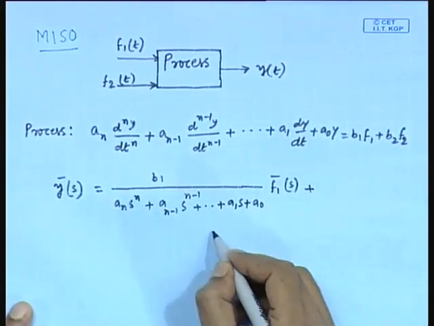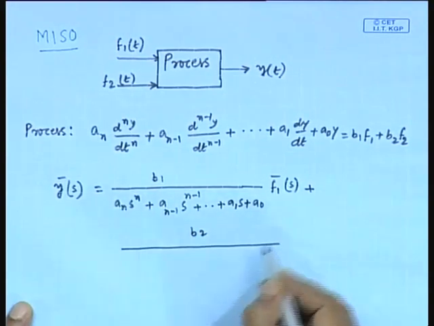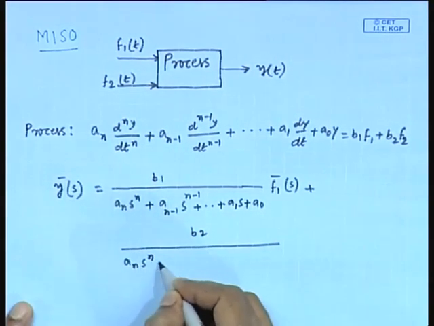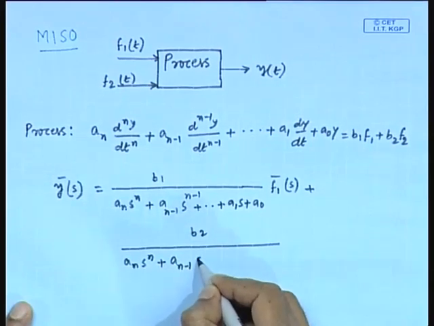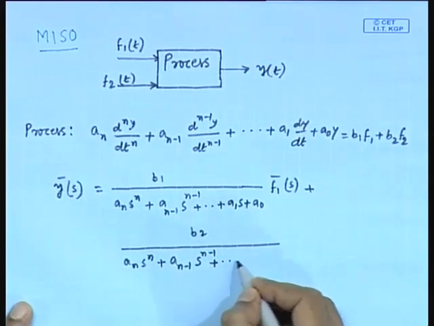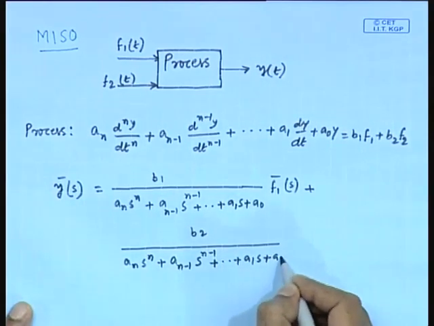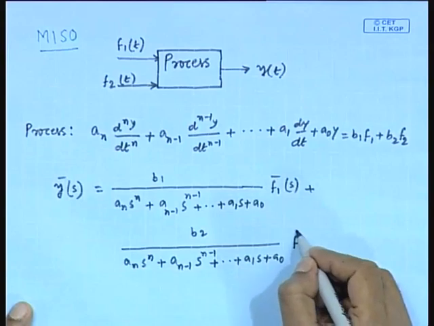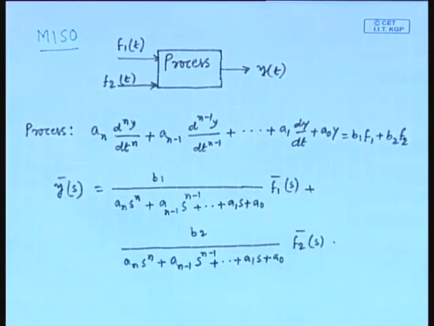Another expression will be b_2 divided by a_n s^n plus a_(n-1) s^(n-1) ... a_1 s plus a_0 times f_2 bar(s). In this discussion you remember that y and f both are deviation variables. So, this is the representation in S domain of the linear model or linearized nonlinear model.